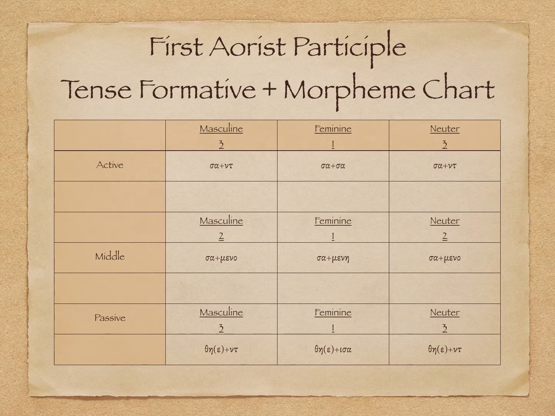Passive, the theta eta actually becomes theta epsilon in the participle plus nu-tau, so thent. And at times that nuances, but for now just know the paradigm. Feminine, first declension endings, active, middle, and passive. Neuter, third declension in the active and passive, second in the middle. And you see the pattern there.